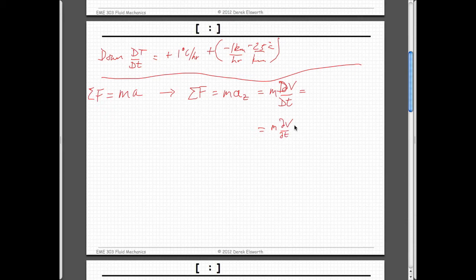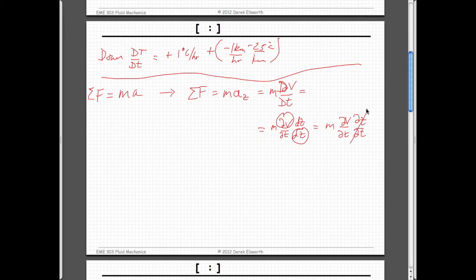And we know that we can also multiply this by what? By 1. We've done it. Which allows us to write this as mass times change in velocity with location times dz, I know my z's and t's look the same, change in location with time, not z.